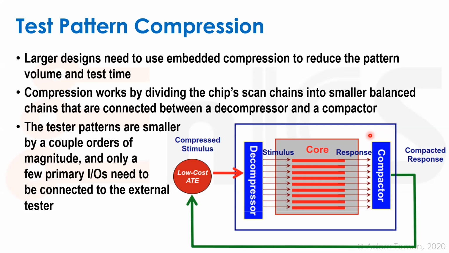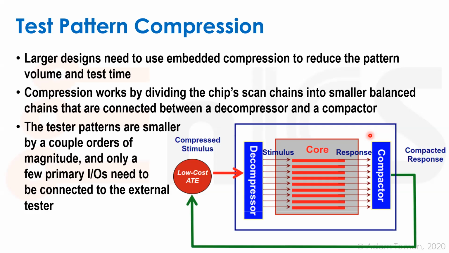Mentor calls it TestKompress, with a K instead of a C. The idea is that since we need to make a lot of different random vectors, and a lot of the vectors will find similar failures, we randomize which vector we put in. We don't pinpoint and choose a certain vector to apply. Let's just apply these random vectors to many different places. That's basically what test compression is.